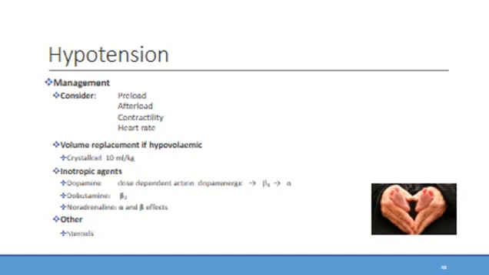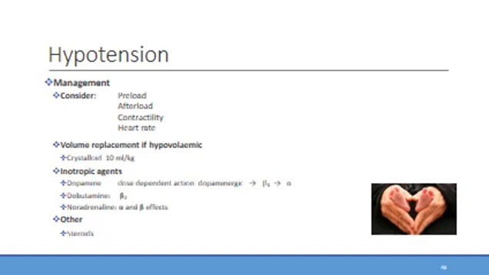When considering inotropic agents, it's important to remember the action of the different medications. Dopamine, for instance, has a dose-dependent action with dopaminergic effects at the lower ranges that can then positively affect the renal, coronary, and gastrointestinal blood flow.